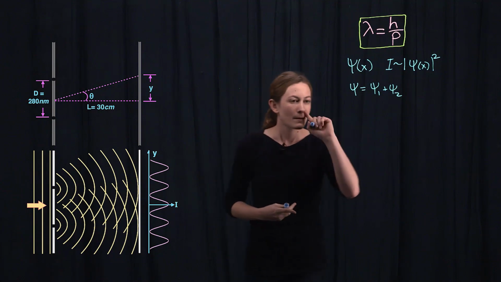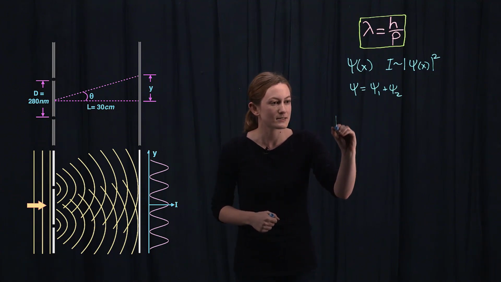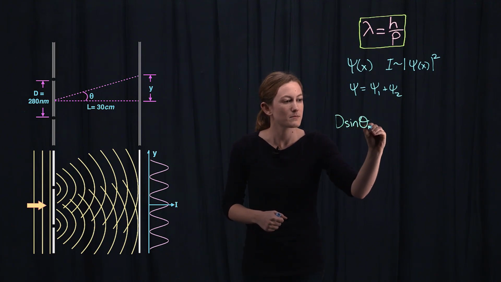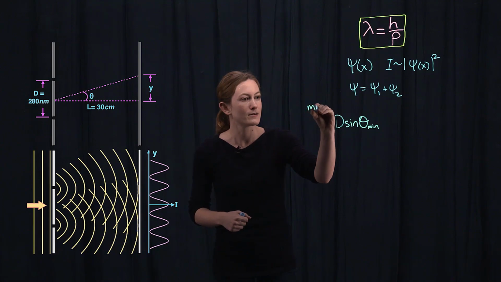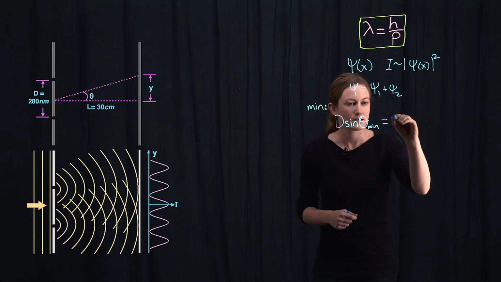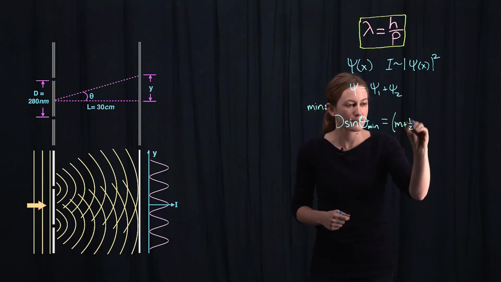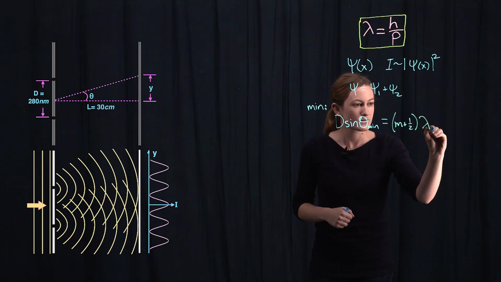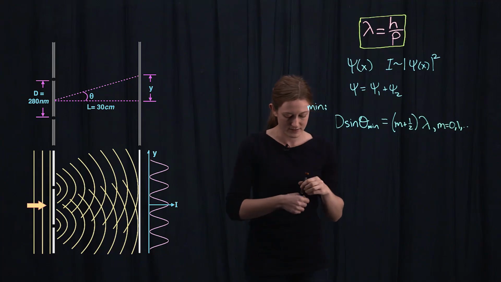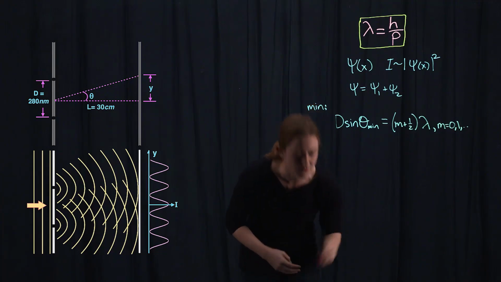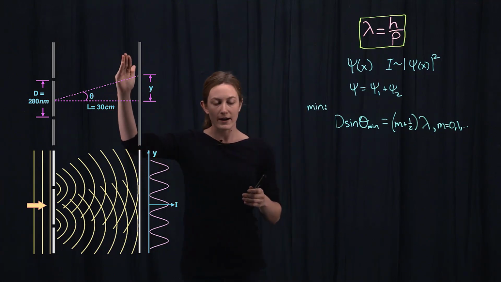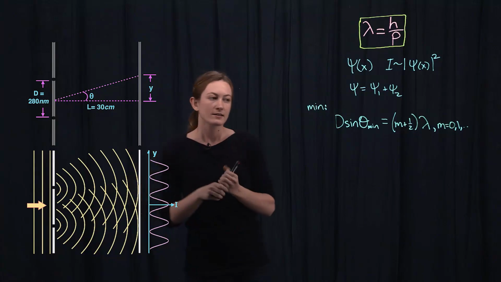So what this gives us, remember, is a formula: d sine theta min, for minima in the pattern, equals (m plus 1/2) lambda, where m is an integer, equals 0, 1, etc. Further, we know from the geometry how to relate the distance y to the length between the two screens.